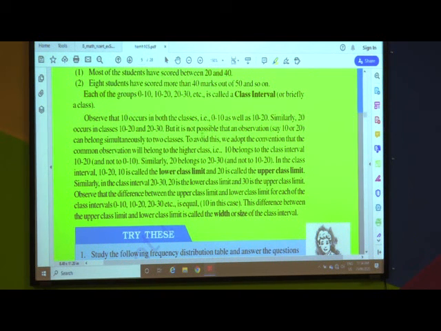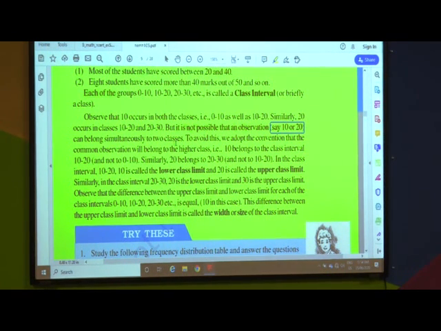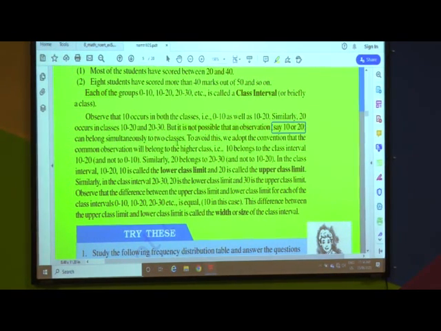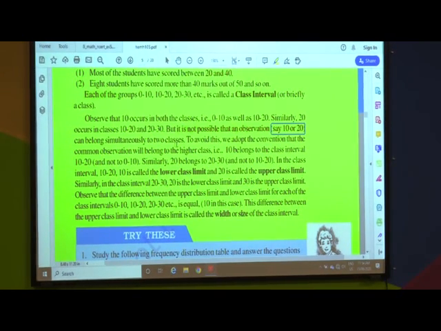No, it is not possible. An observation, say 10 or 20, cannot belong simultaneously to 2 classes, because then you are recording twice. One student's marks you are recording twice in 2 groups. How is it possible? No.